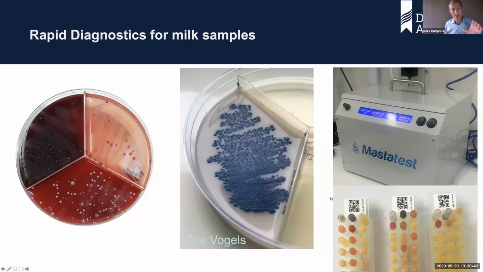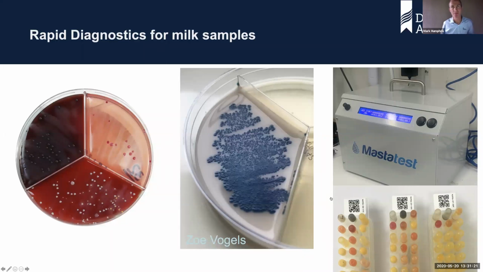You can see here the tri-plates that have different selective media that allow the person doing the test to more quickly identify bacteria, because usually it's been a longer period of time, 3 to 4 days, plus the transactions either end in terms of getting milk samples to the laboratory and then the results back, and sometimes a lot longer. And then there's more automated systems that can be used both in clinics or on farms. The Mastatest shown there on the right of your screen.